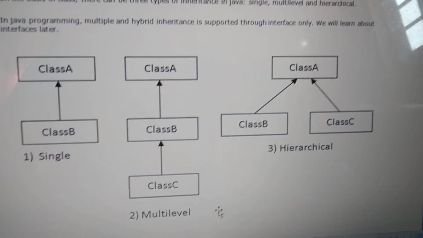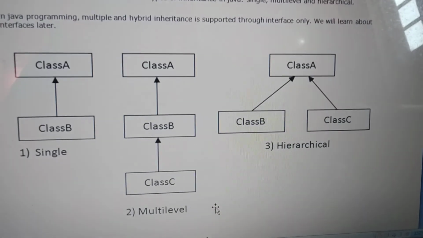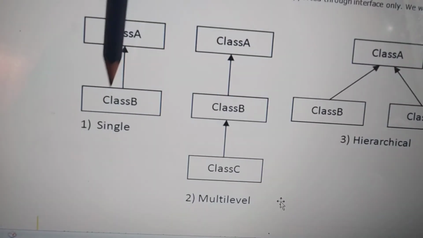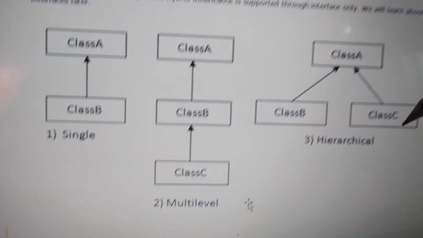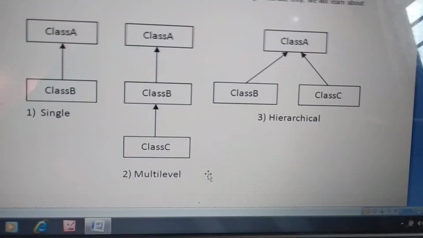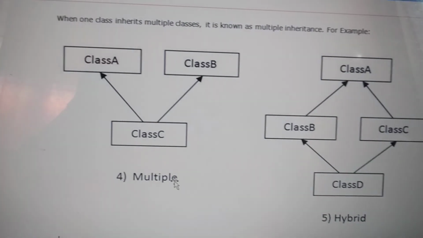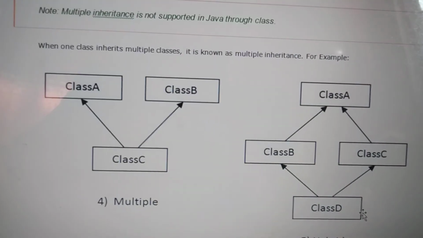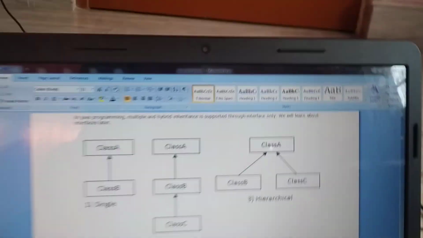In Java, what are the types of inheritance? Number one is single inheritance, number two is multilevel, third is hierarchical, the fourth is multiple inheritance, and the fifth is hybrid. Now let's go through and explain them briefly.